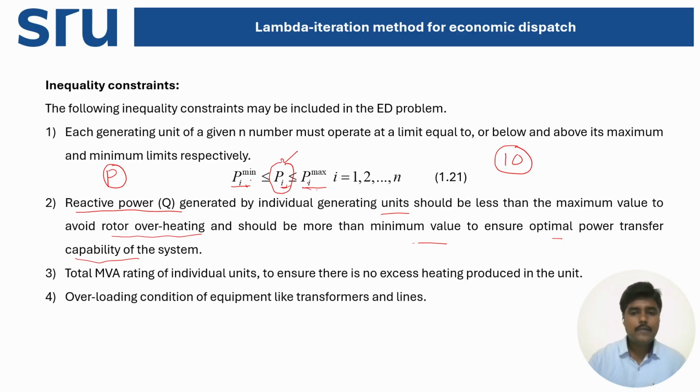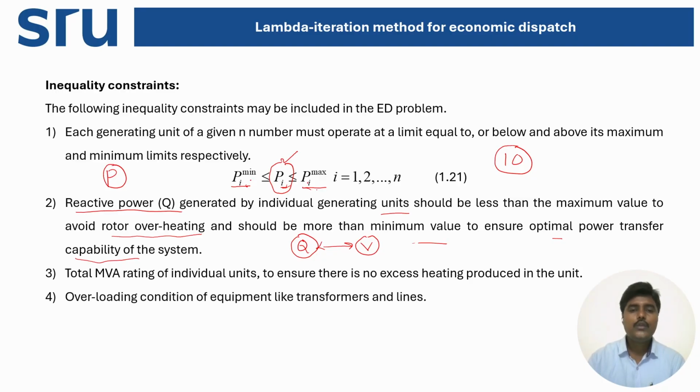Always remember that there is a very strong correlation between the reactive power and the voltage of the system. If the reactive power is within the limit, then the voltage also can be within the limits. If the reactive power is not within the limit, you cannot maintain voltage within the limit.